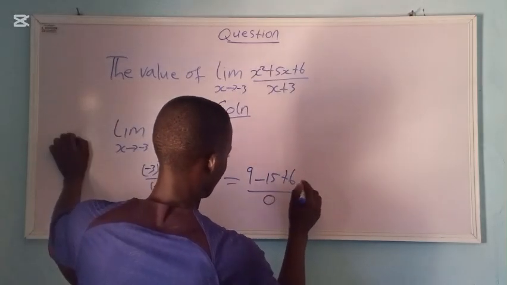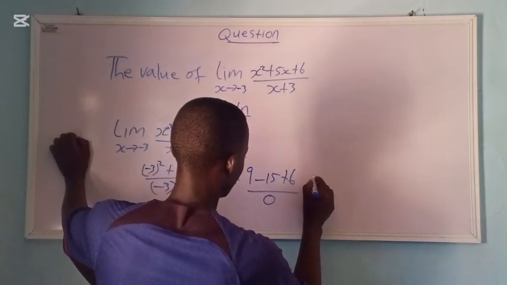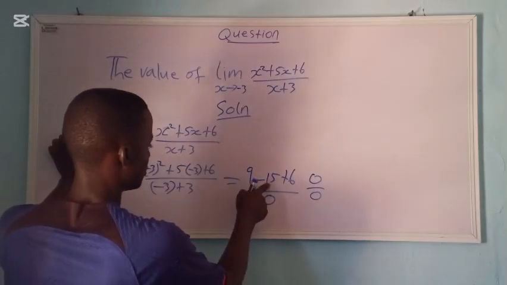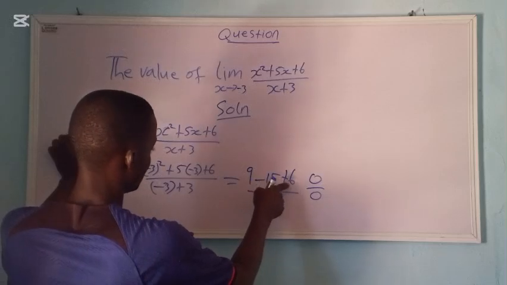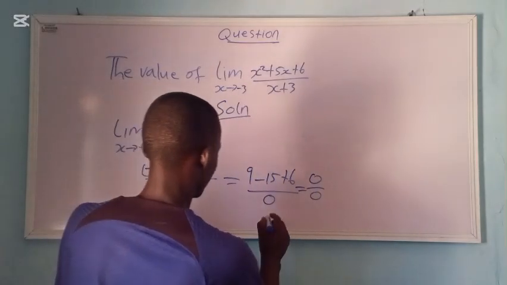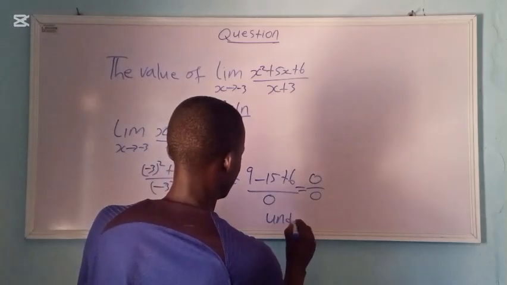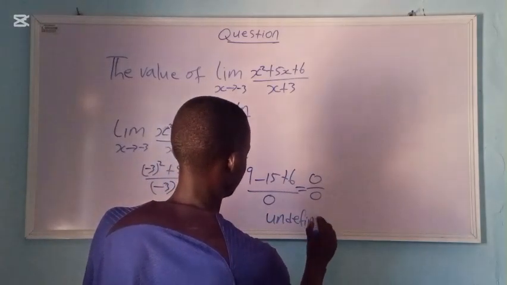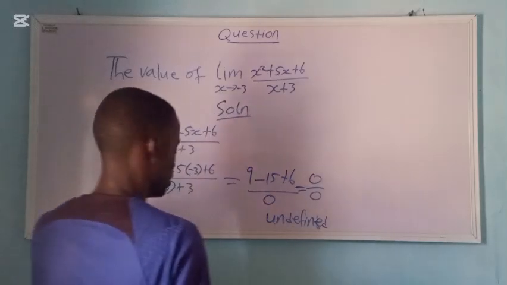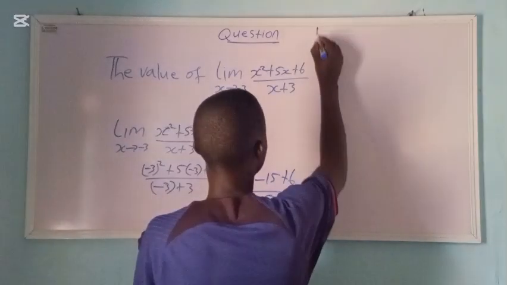Let us see the upper one. So we have 0 all over 0 because 9 minus 15 will be minus 6. Minus 6 plus 6 will be 0. So now this answer is what? It's undefined.